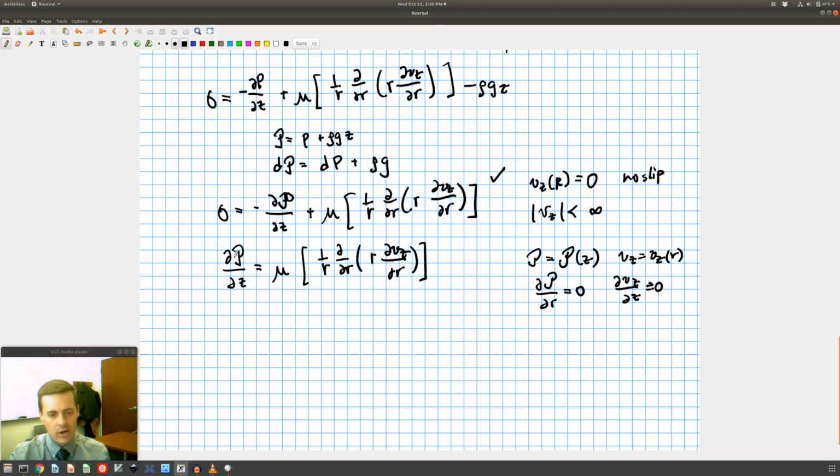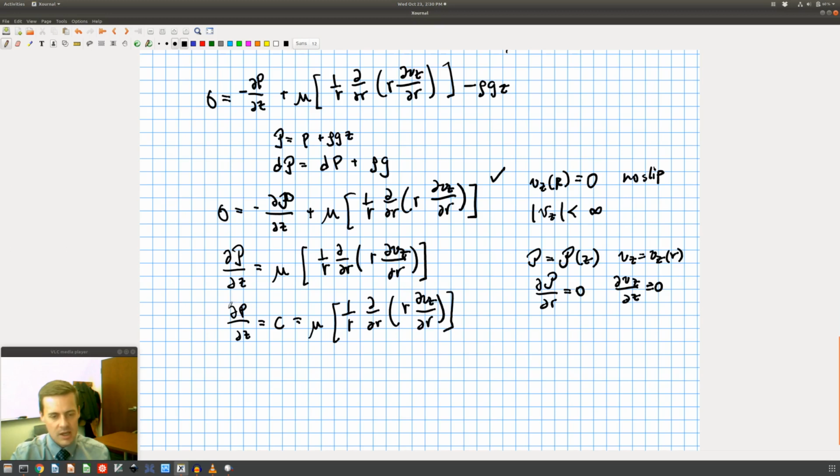Or if I took the z derivative of both sides, I'd get something over here, but this would equal 0. So what that tells me is that if I integrate back to this point, these two have to equal a constant. So dp/dz has to equal a constant, which also has to equal mu times 1 over r d/dr of r dVz/dr.